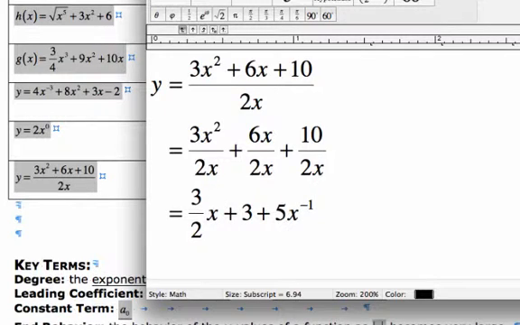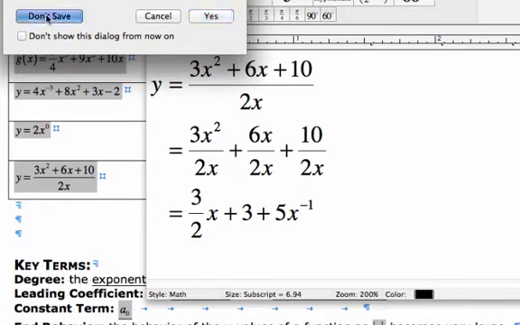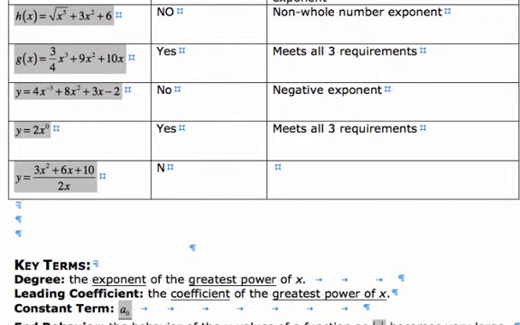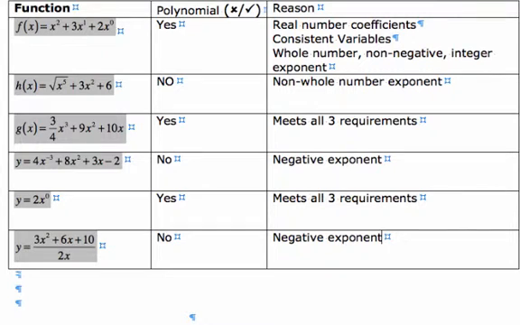So 1 divided by x can be expressed as x to the exponent -1, which again causes issues because now we have a negative exponent. So this last one is not a polynomial, and why? Because it has a negative exponent. So it breaks the last rule. Okay, so that was hitting briefly on identifying polynomials.